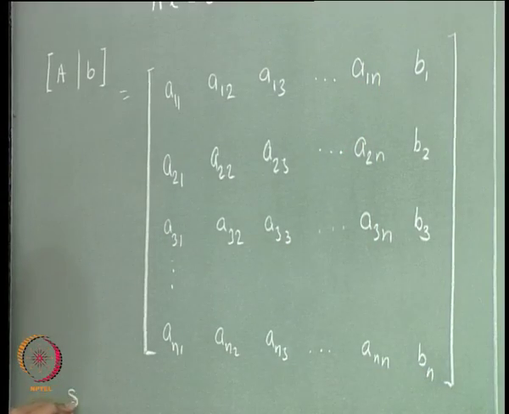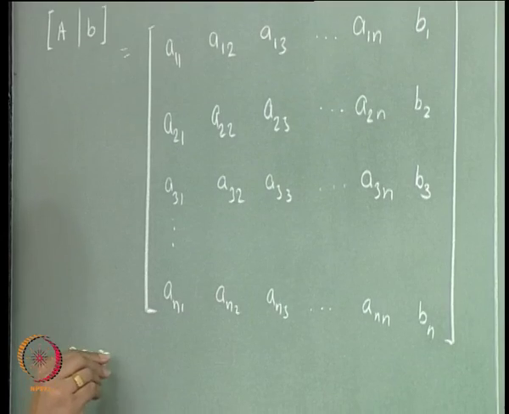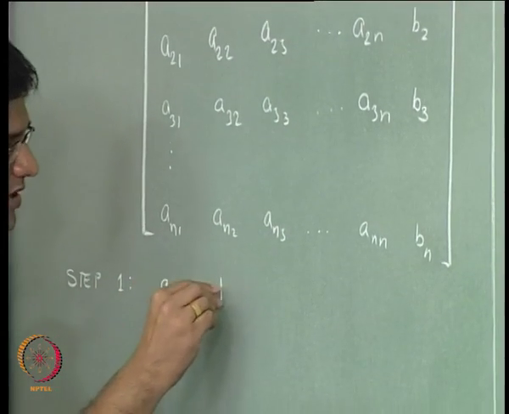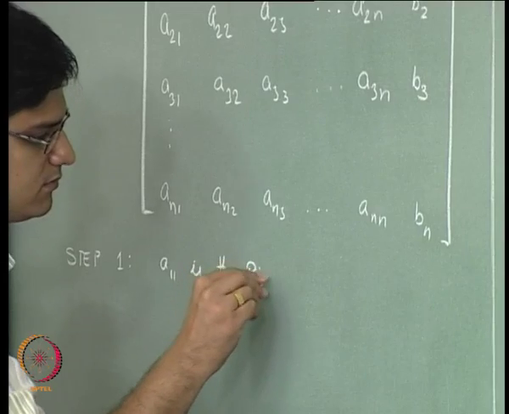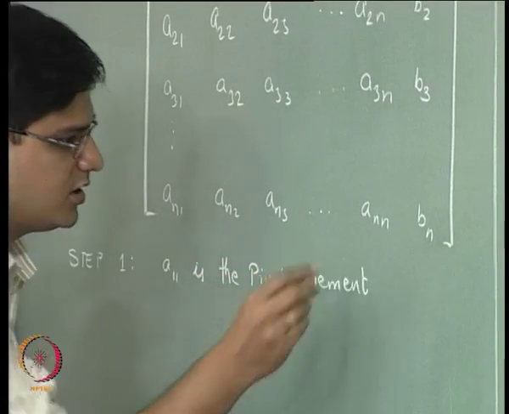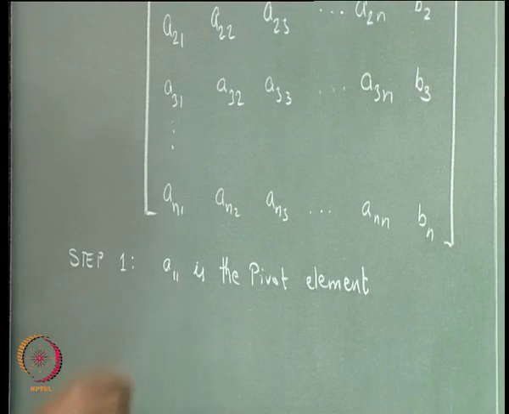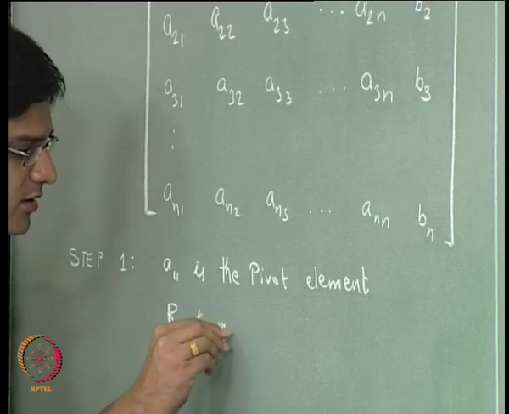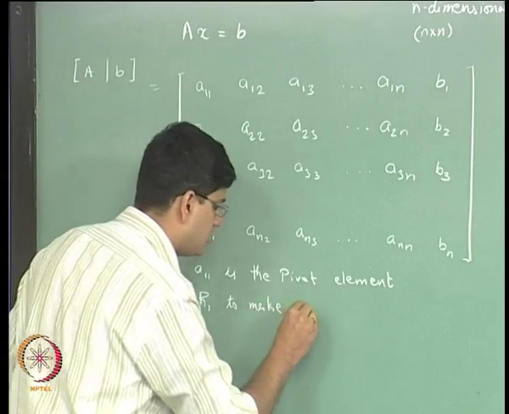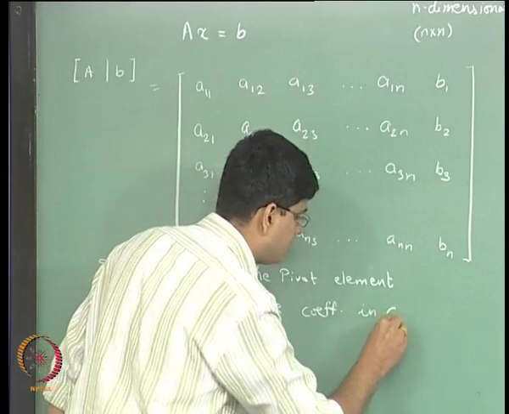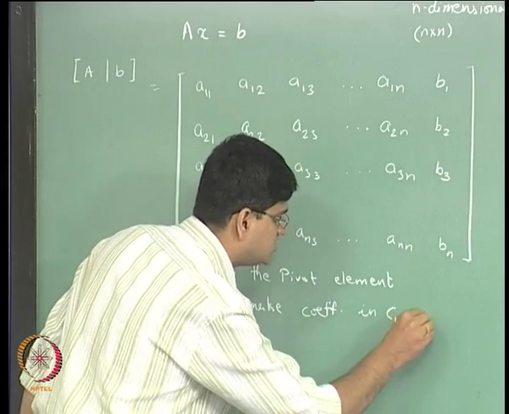Okay. In step 1, A11 is the pivot element and R1 is the pivot row. We will use R1 to make coefficients in the pivot column equal to 0.